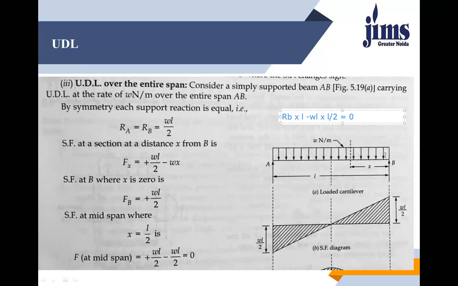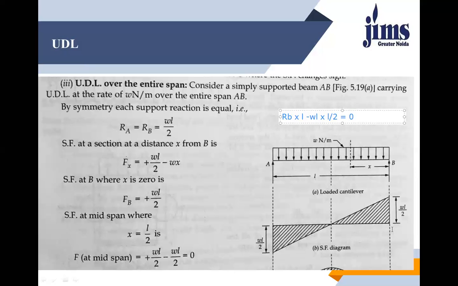Third, we take the value of shear force at x equal to L. When I put x equal to L, that is plus WL by 2 minus WL, that is minus WL by 2.